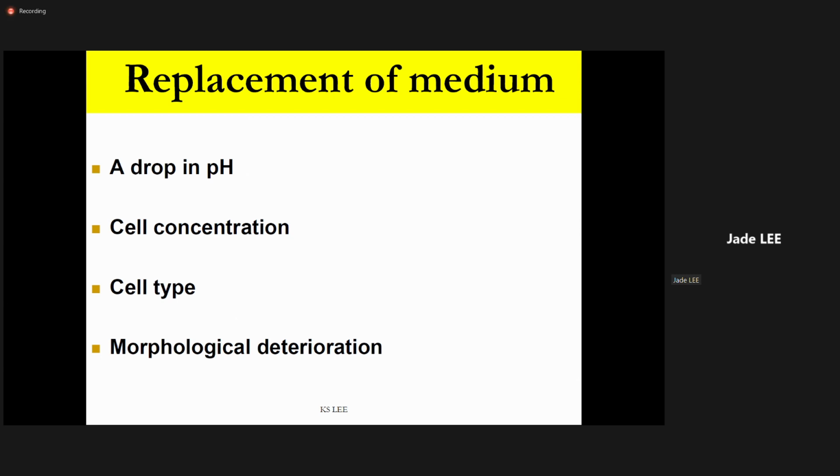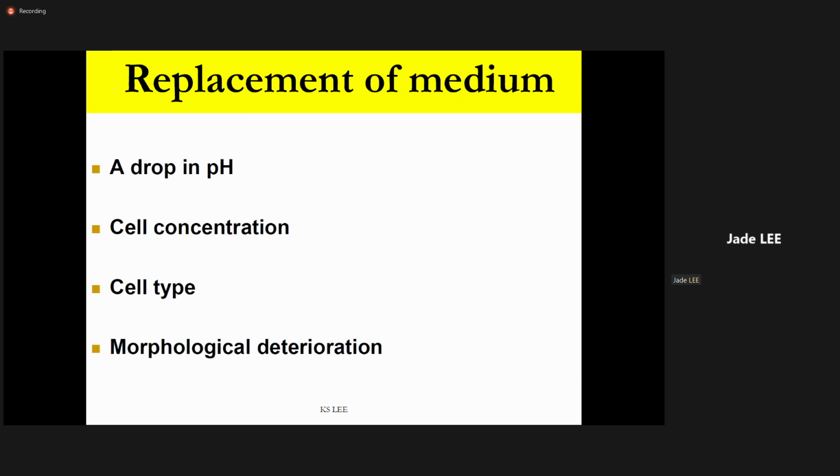When it changes from pinkish to orange, that means the pH has already dropped. So that is one of the indicators for medium replacement.